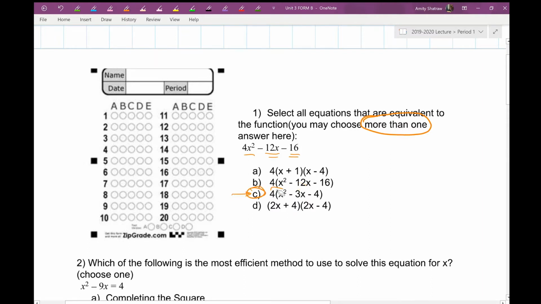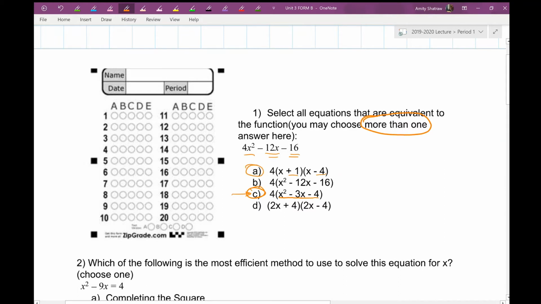The other answers are kind of like, well, do I have to multiply stuff out in order to tell? Well, yeah. If you could factor this in your head, you know that the two numbers that multiply to get -4 but add to get -3 are -4 and 1, then you would know that that was the other answer.